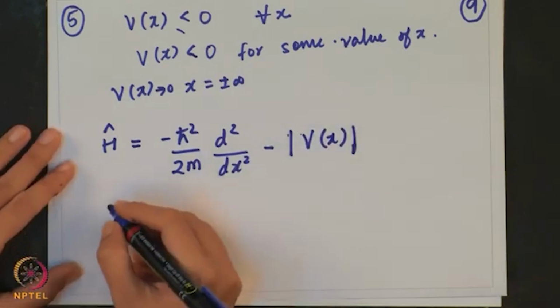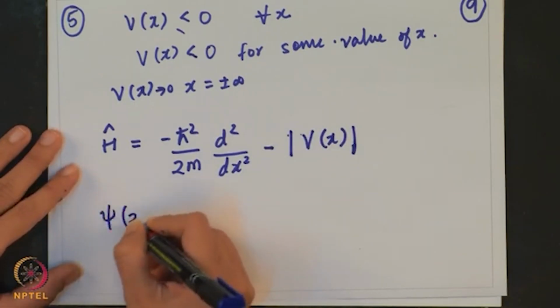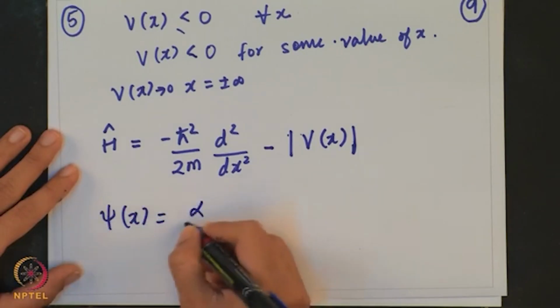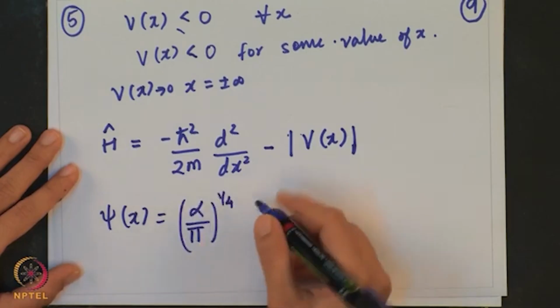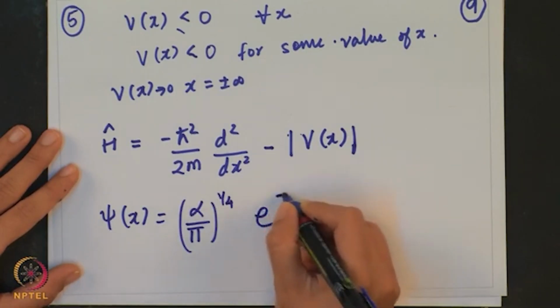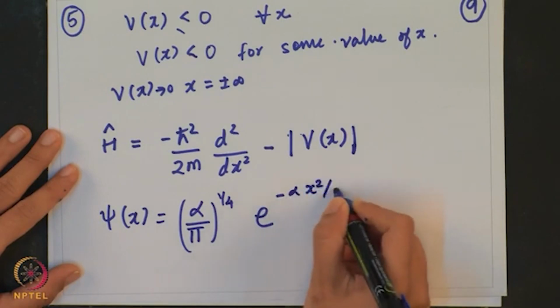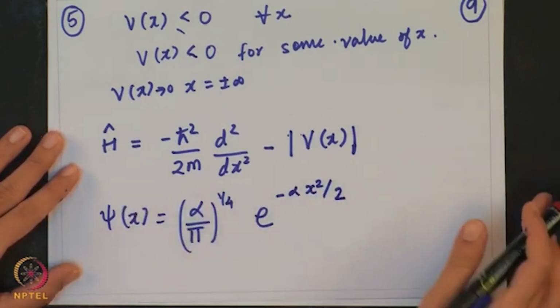Now, if I want to use the trial wave function, alpha upon pi to the power 1 by 4, that is the fourth root, e raised to minus alpha x square by 2.